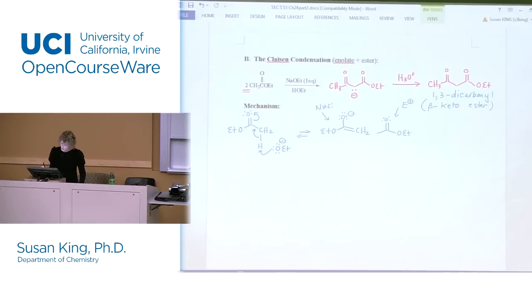All right, so electrons on oxygen come down. And we attack the carbonyl, kick electrons up onto oxygen. We're going to get a tetrahedral intermediate.